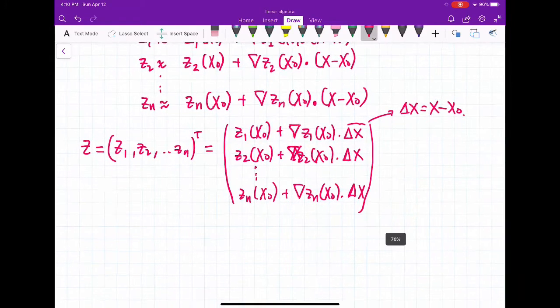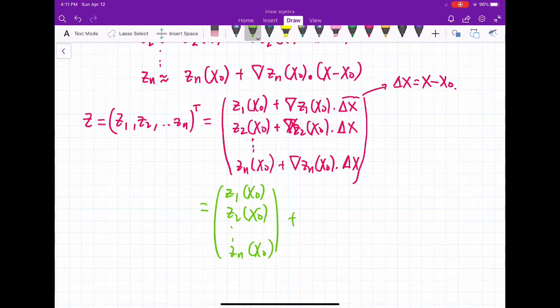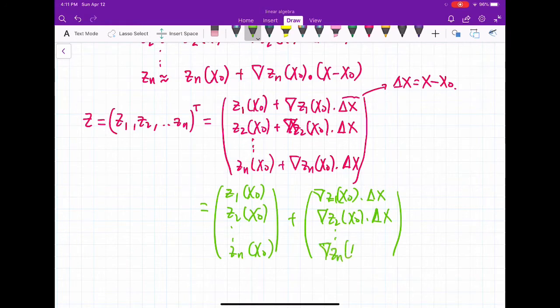Okay, so you have some vectors here, but you can break this vector into two vectors. You can write it in the form of a sum, right? The first one is z1 at x0, z2 at x0, and so on to zn at x0, plus the gradient of z1 at x0 times delta x, the gradient of z2 at x0 times delta x, and so on to the gradient of zn at x0 times delta x. Look at this.